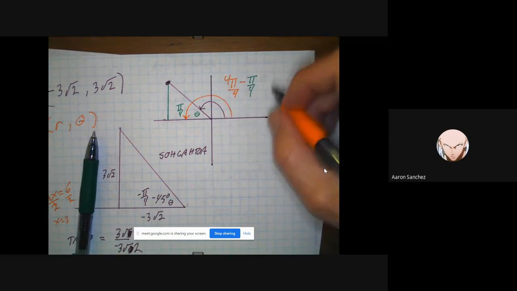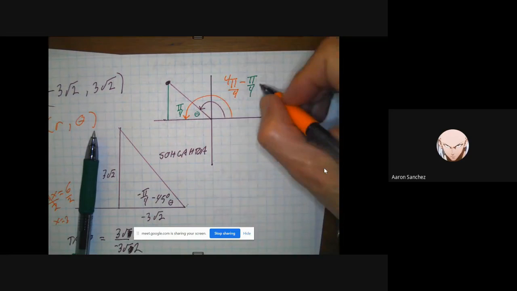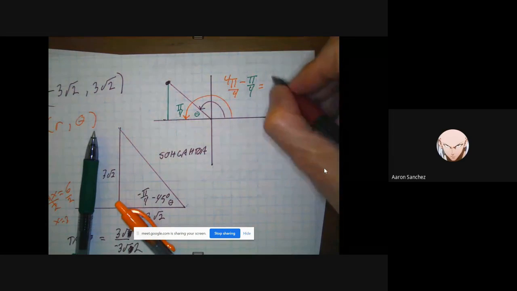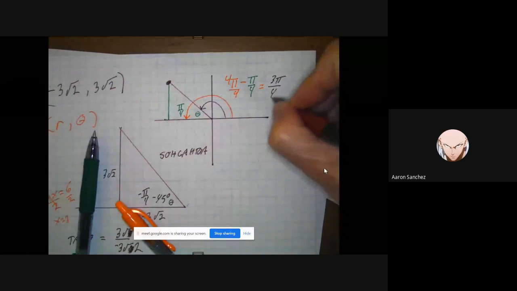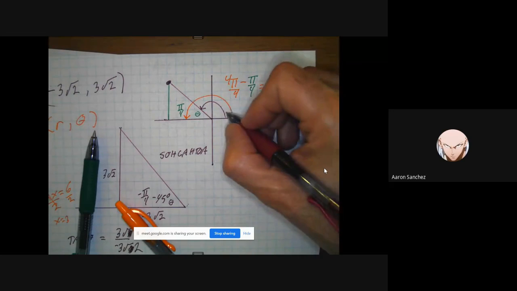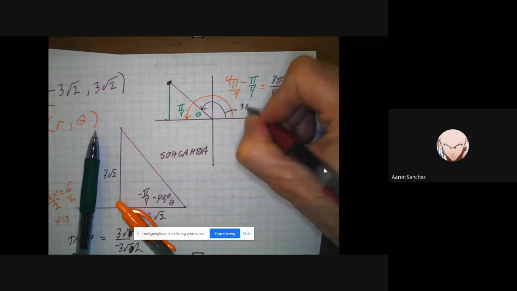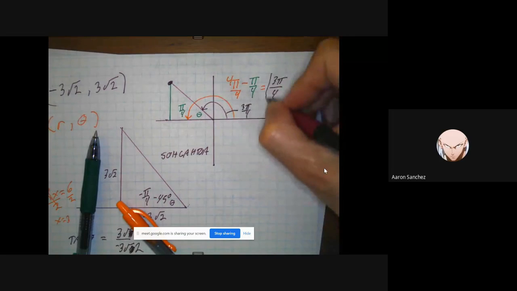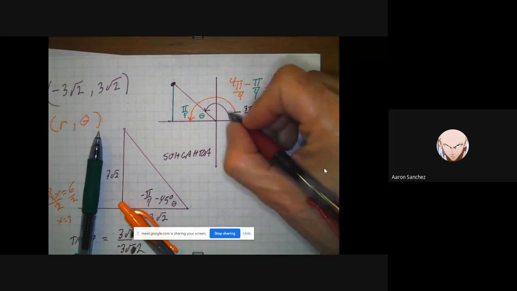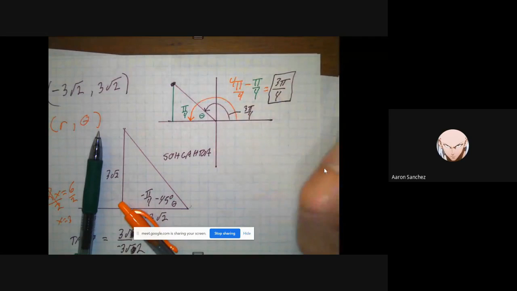It's 4 pi over 4 minus pi over 4, which is 4 pi take away 1 pi, which is 3 pi over 4. That is 3 pi over 4 for this angle right here, and that's the angle I want to use. So from here to here is 3 pi over 4.